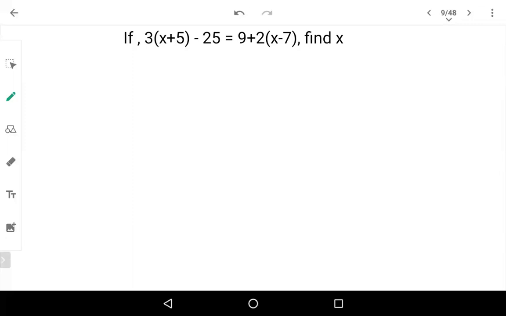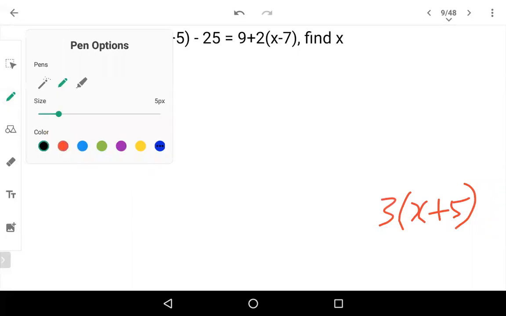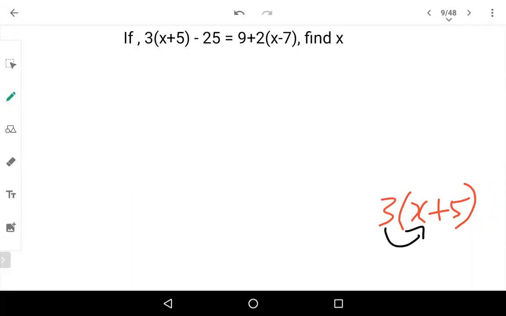Okay. Good. Now look here. First we are going to take each of the expression and solve them. First will be 3 into x plus 5. 3 into x is 3x plus 3 into 5 is plus 15.